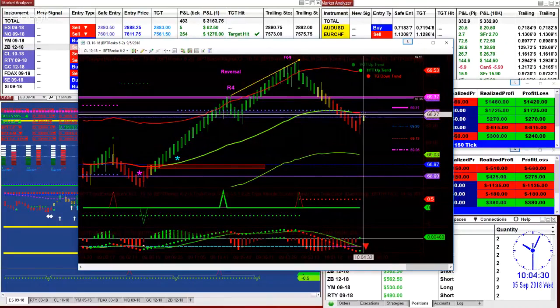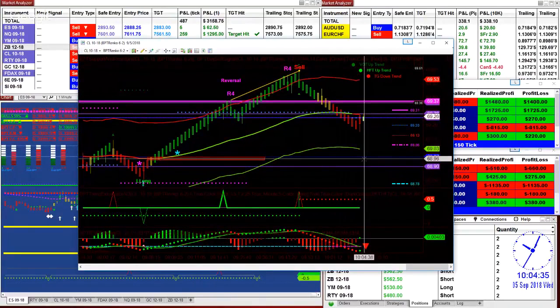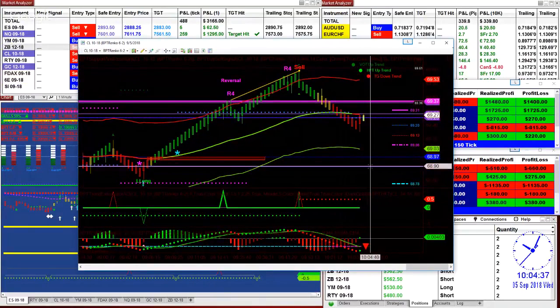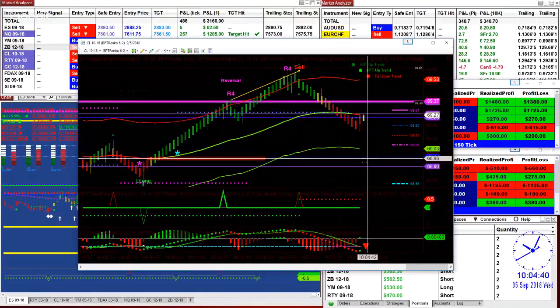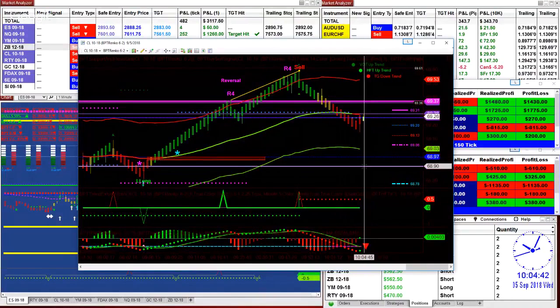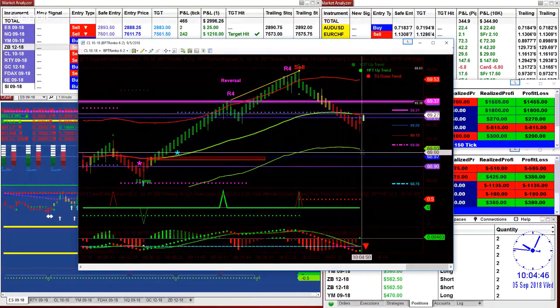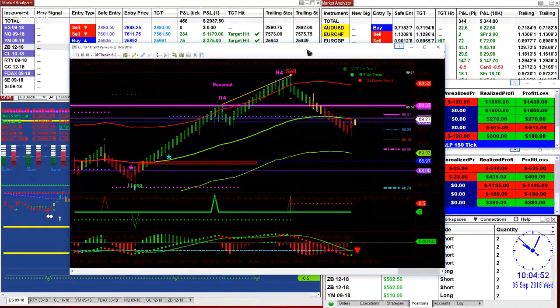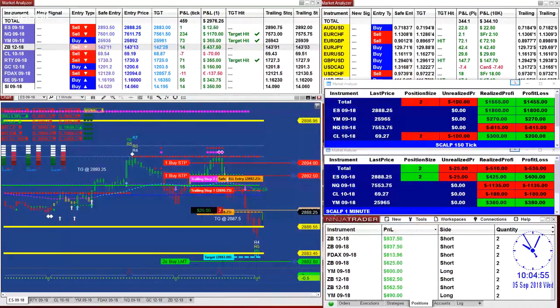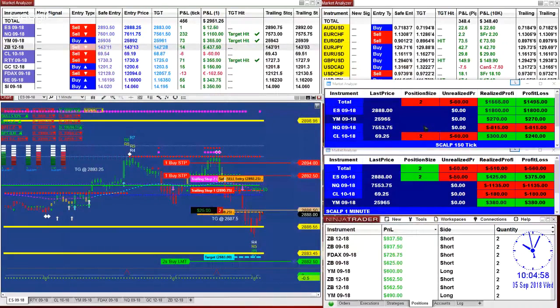Actually, here there is a re-entry point on the CL, so we should be looking around 68.90. We'll find out once this market gets back to this area, and we'll keep our eye on it. But right now we have a short on the CL. A very, very mixed market.